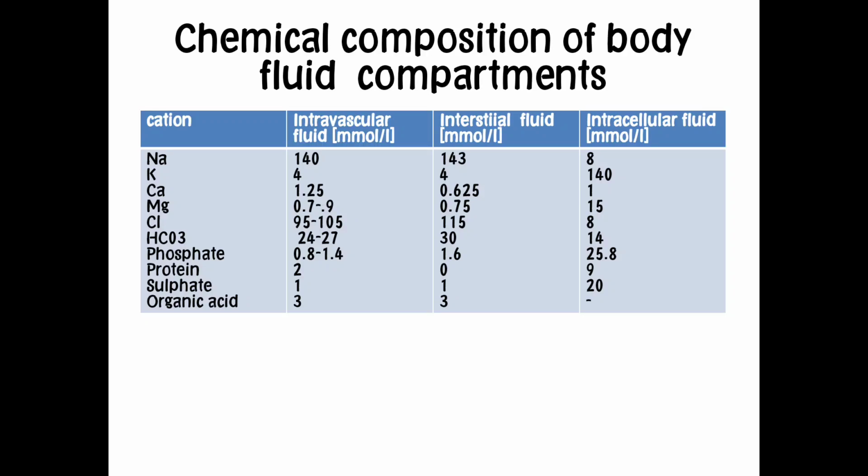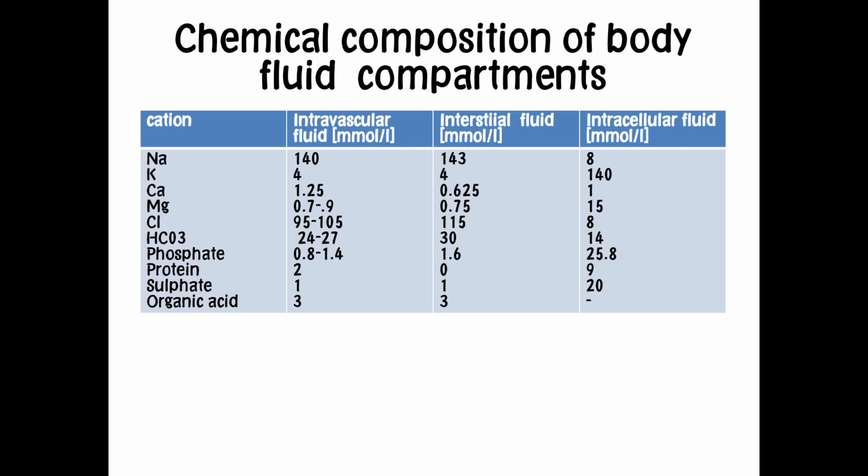As we have just finished discussing how total body water is distributed in different body compartments, likewise, electrolytes vary in different body compartments, and we are going to discuss in detail the chemical composition of body fluid in different compartments. We shall mainly focus on 3 major compartments, which are the intravascular compartment, which is the largest, and then the extravascular compartment or extracellular fluid, which is composed of the intracellular and interstitial fluid, as we have seen.